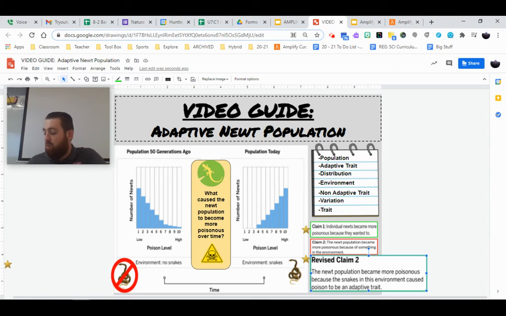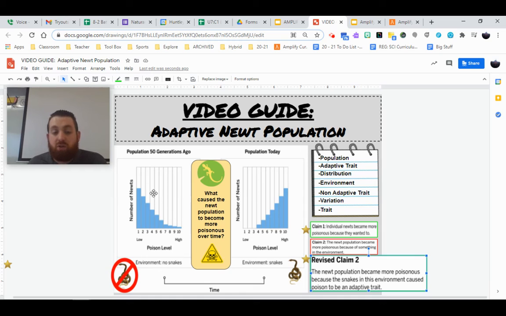So we're going to have to really take this claim number two and kind of put it away and really use the new revised claim two to really help us explain what's going on with this relationship between the newts and the snakes. Now, hopefully we recognize that individual newts becoming more poisonous because they want to really doesn't make a lot of sense. Individual newts cannot change their traits. What they have is what they have. What they're born with is what they're going to stick with.